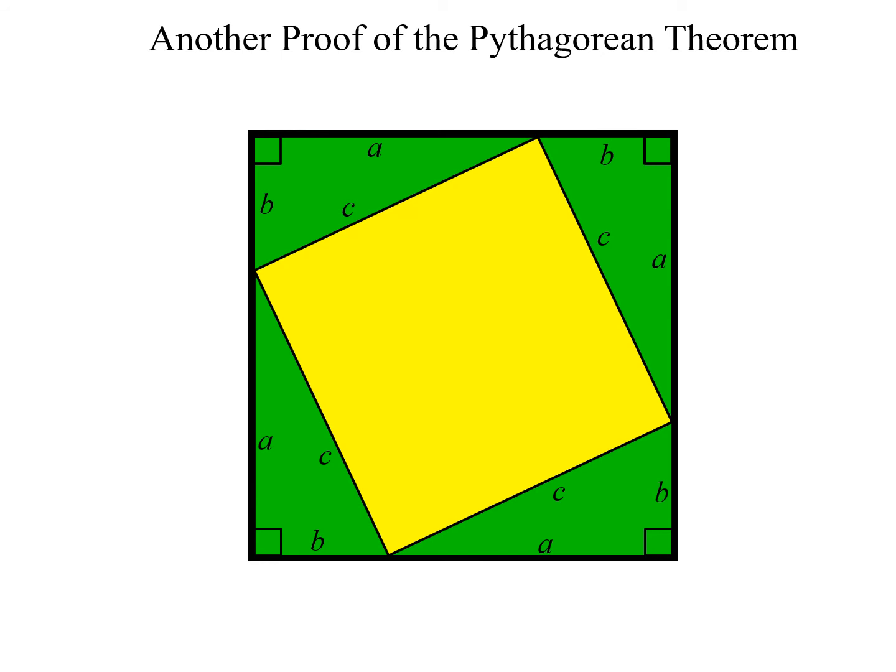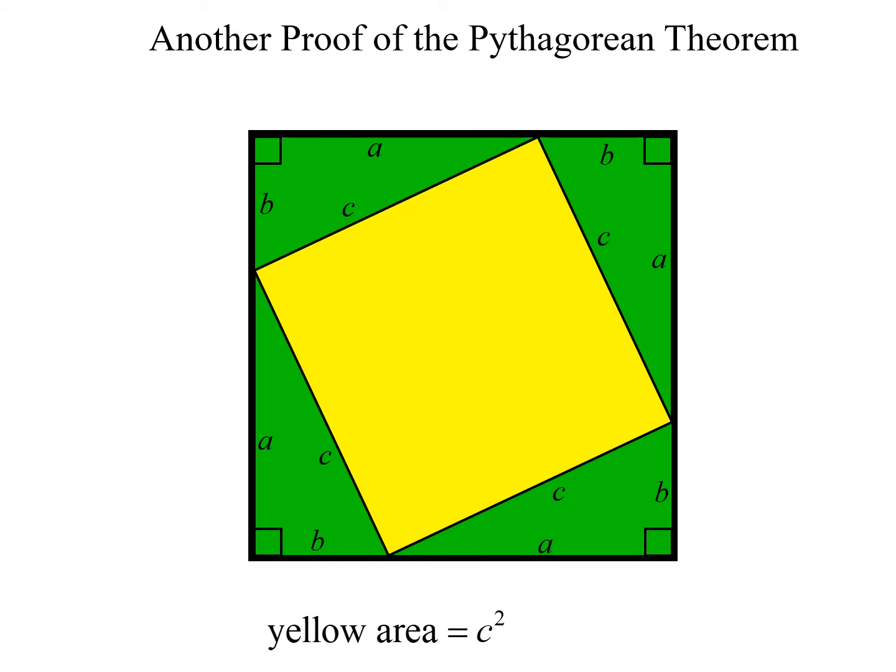Okay. I have a big yellow square in the middle that has area c squared. So the yellow area is c squared. So that means what I can do is move around some of those triangles, and that yellow area should remain c squared.